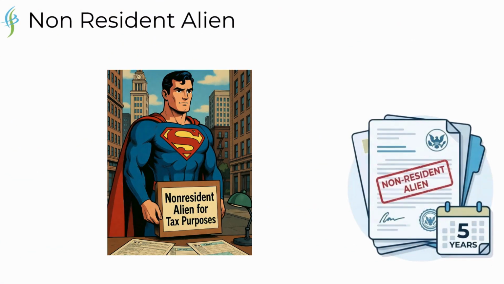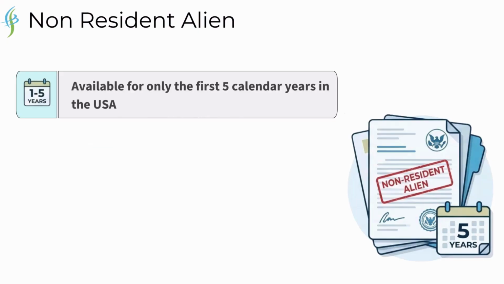Now, in order to understand what are your US tax obligations, you need to understand an important concept called non-resident alien. Now, this is a special tax status given to you by the IRS. It is subject to the following three conditions. Condition number 1, it is given for the first 5 calendar years in the US.